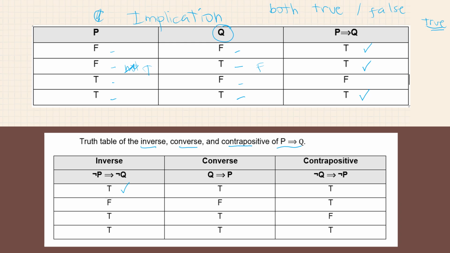Then the inverse of this is false, the inverse of Q is true, so this will be true since the conclusion is true. Then even if you inverse this one, false, false, they're still both false, so that's still true.